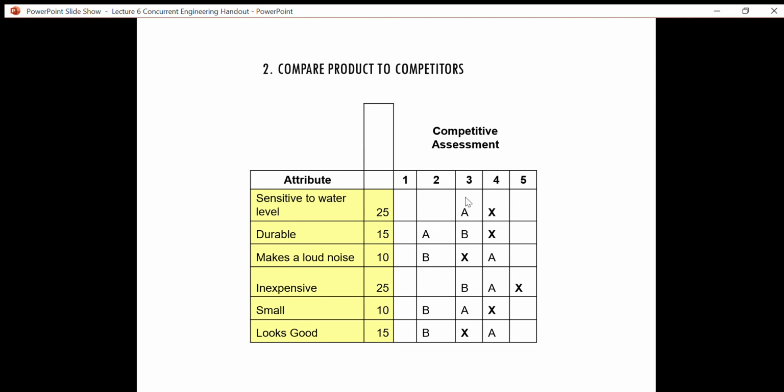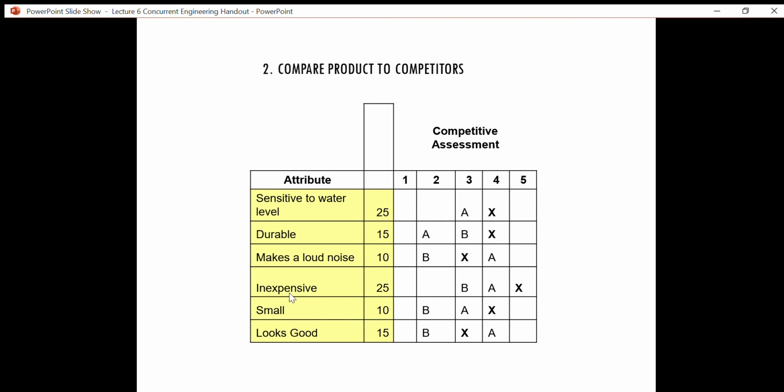Because when we win on sensitivity to water and on a cheaper product in terms of cost, this one becomes less priority based on our survey, so we can concentrate on the middle level. If we concentrate more on this, maybe we cannot sell a cheaper product, because we would need to use a good sensor for the loud noise and give it more concentration, so the cost becomes higher.